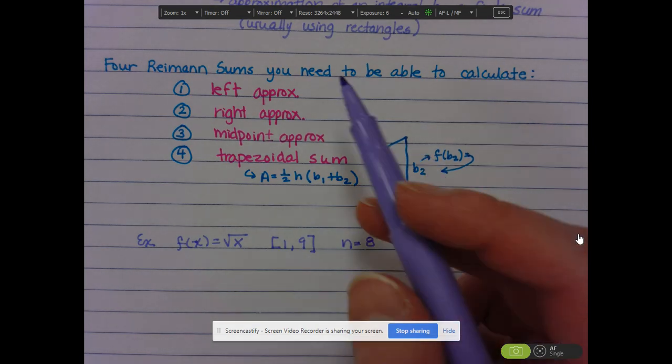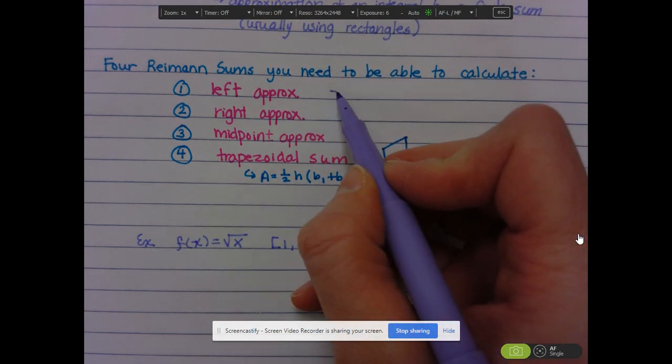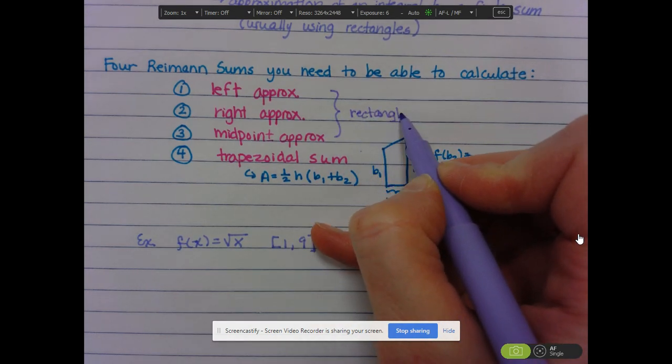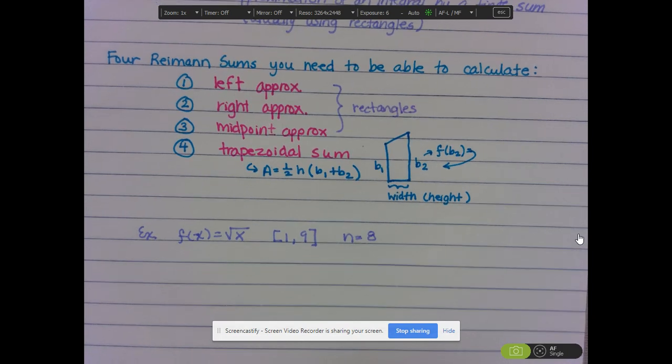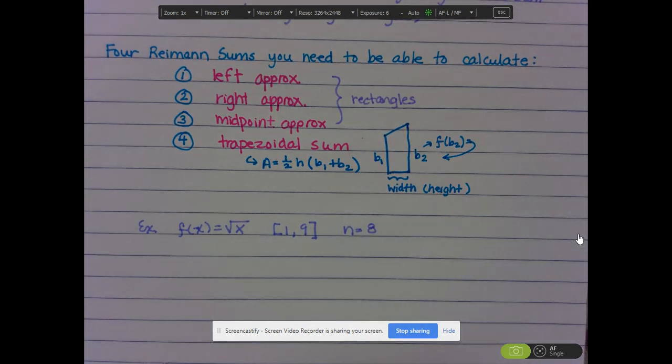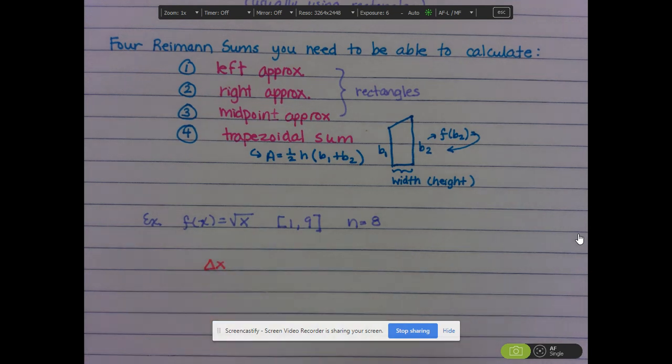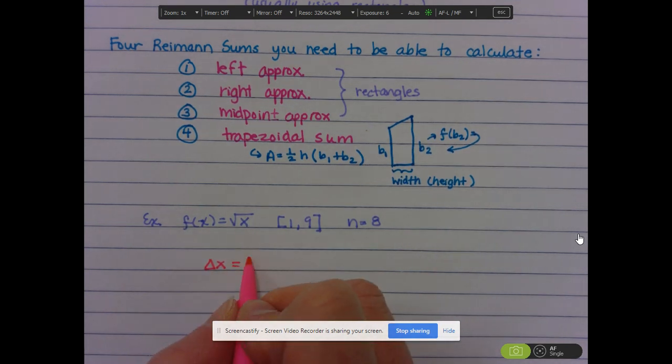If we do these left, the right, and the midpoints, these are all just using rectangles. Okay. So let's break it down. Again, first we have to have our delta x, which is that b minus a over n.